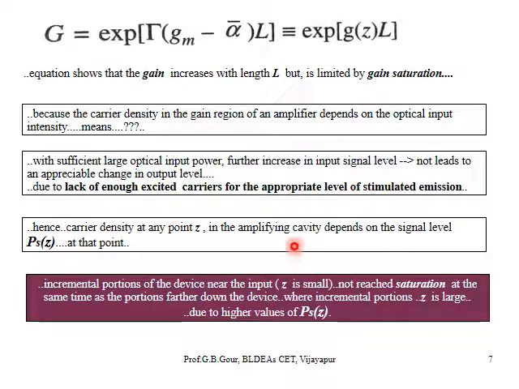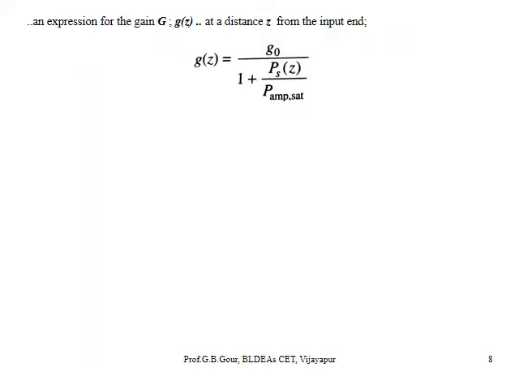So that's how the power saturation is related to the length here. An expression for the gain with respect to Z is given by this: the gain without any optical input divided by the denominator factor, 1 plus the ratio of the internal signal power to the amplifier saturation power. That is one type of gain here.